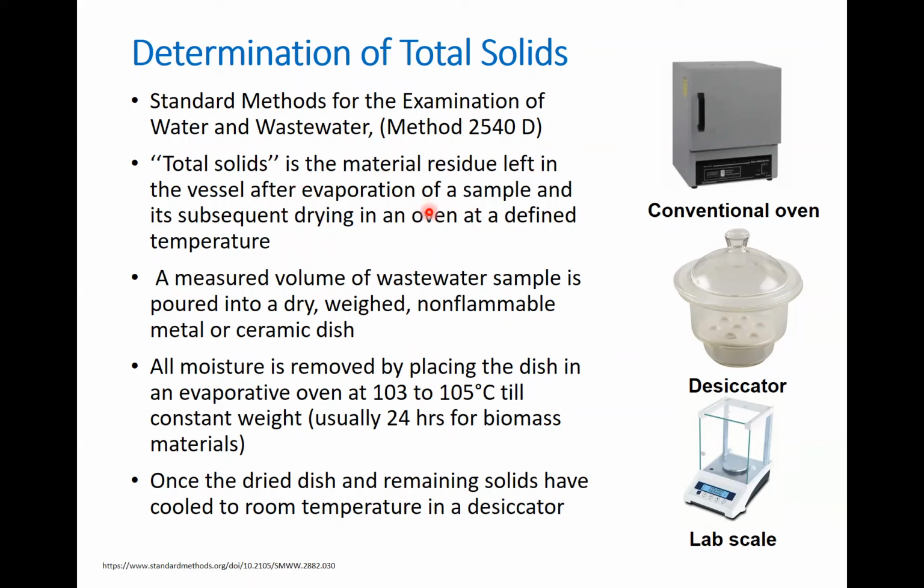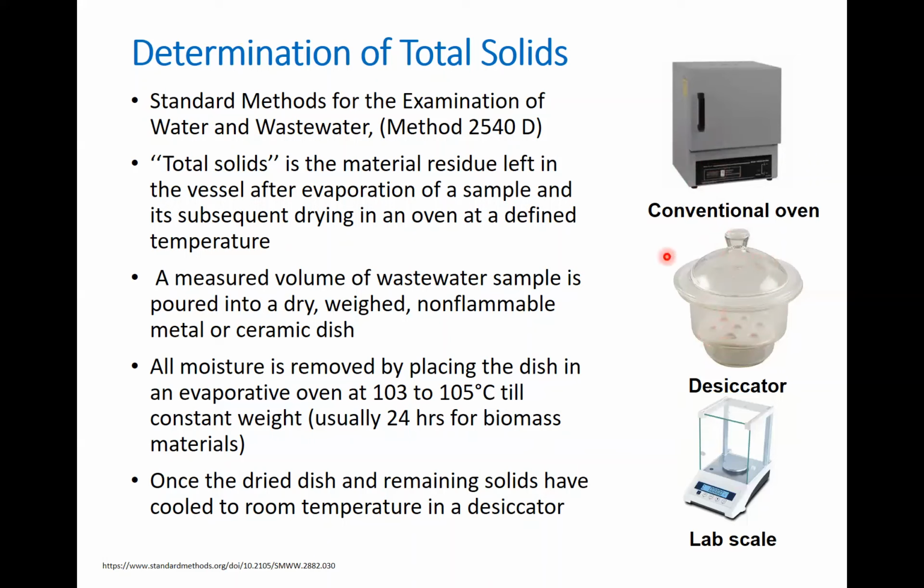What we mean by this statement is that we take a sample. Here we can take a volume of wastewater, for example, or a weight of material like biomass, and put it in a weighing dish or a crucible. We put it in an oven at a certain temperature, and after a certain time, we weigh again after we cool it down.